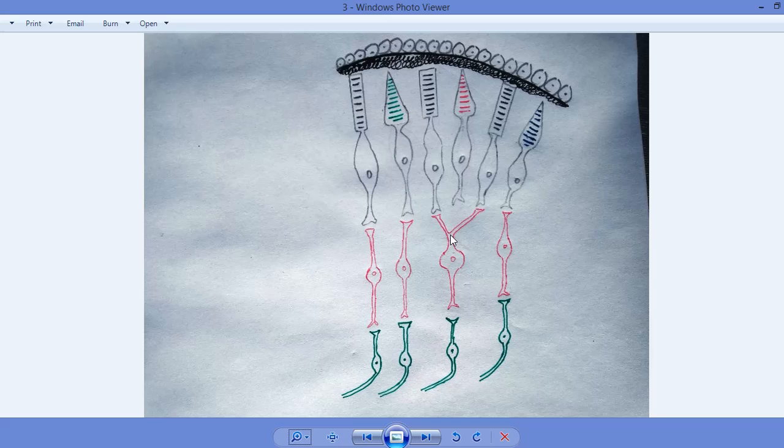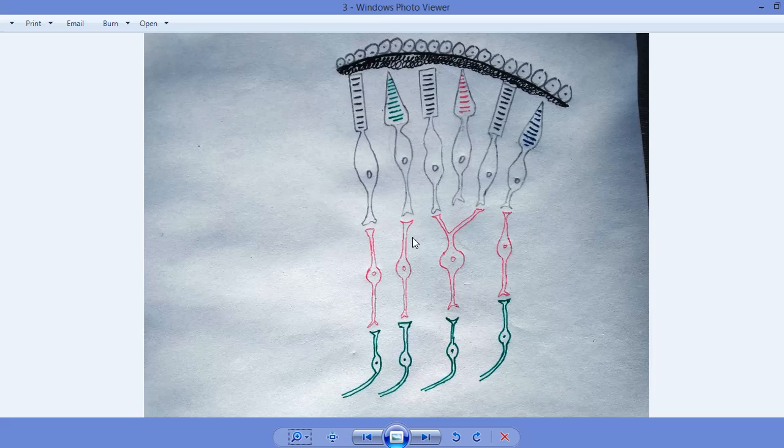This is very weird. When the reflection of light goes toward the rod or the cone, these pigments will be activated inside the rod and cone, and these will convert the environment from minus 30 to minus 70, and that will lead to the decreased secretion of the neurotransmitter, and that no secretion of neurotransmitter is responsible for the vision, for the image formation.